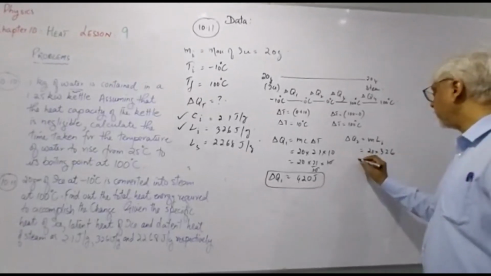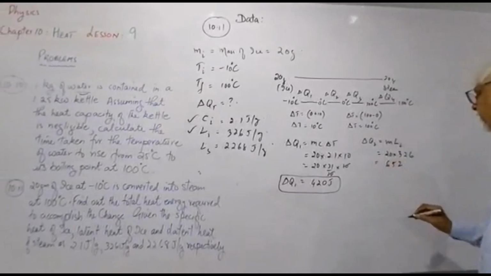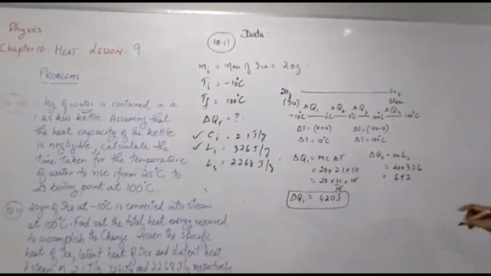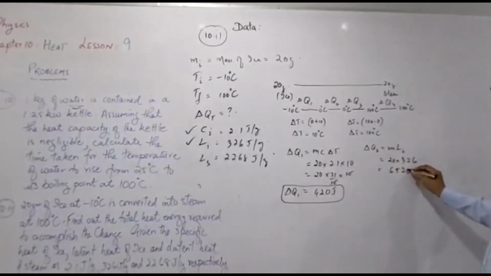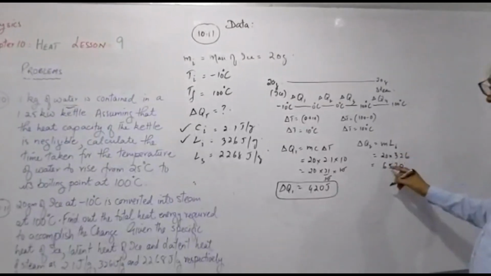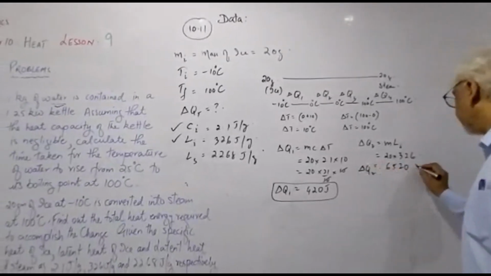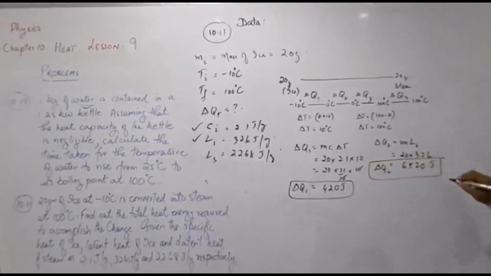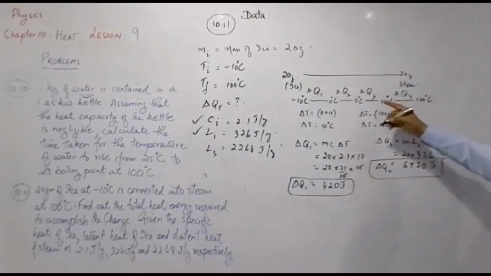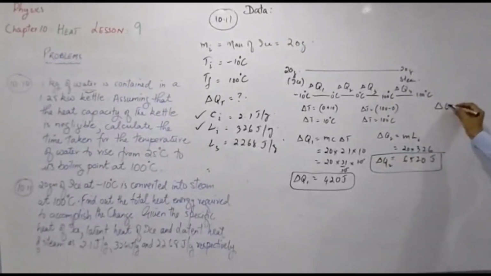So 20 times 326 gives us delta Q2 as 6,520 joules.